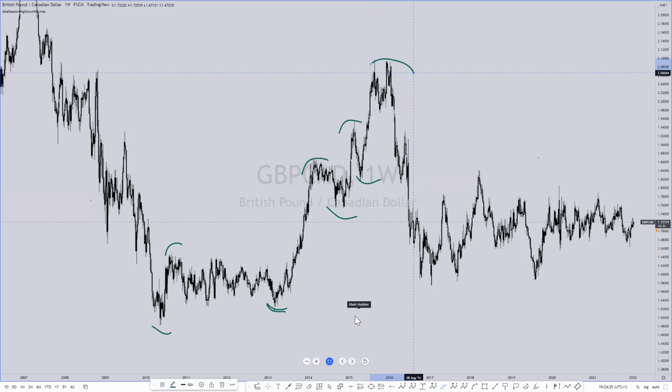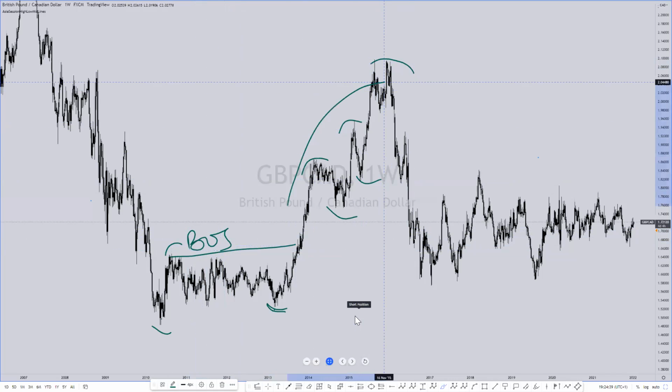Now, after the market breaks out of this first external liquidity here as a continuation BOS, all these three legs that you see are range structure, which means the first major weekly structure is from this low to this high.